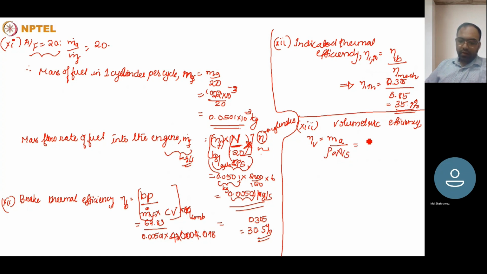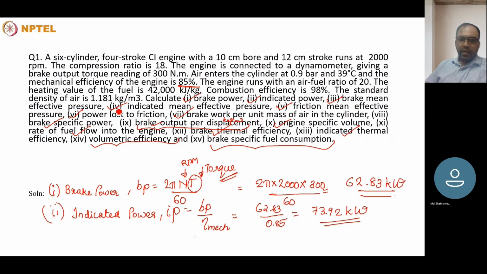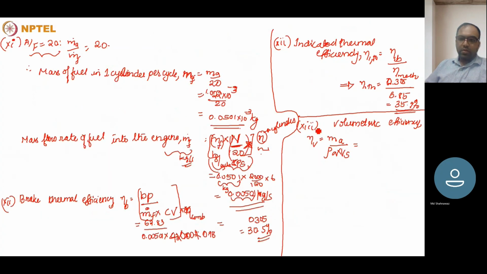The standard density of air is given as 1.181 kilogram per meter cube.